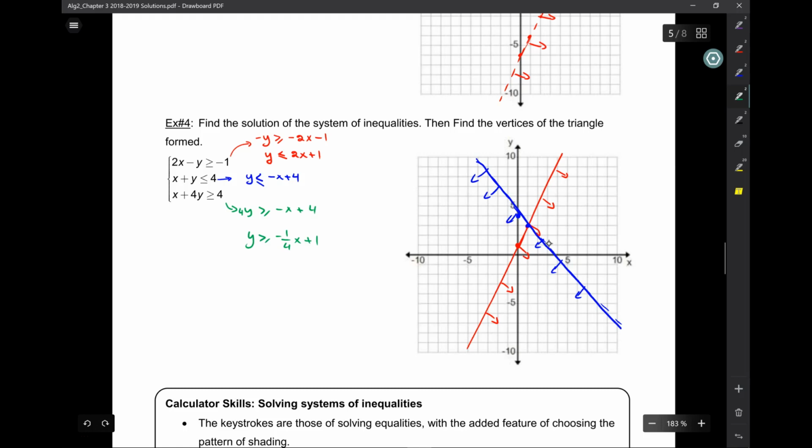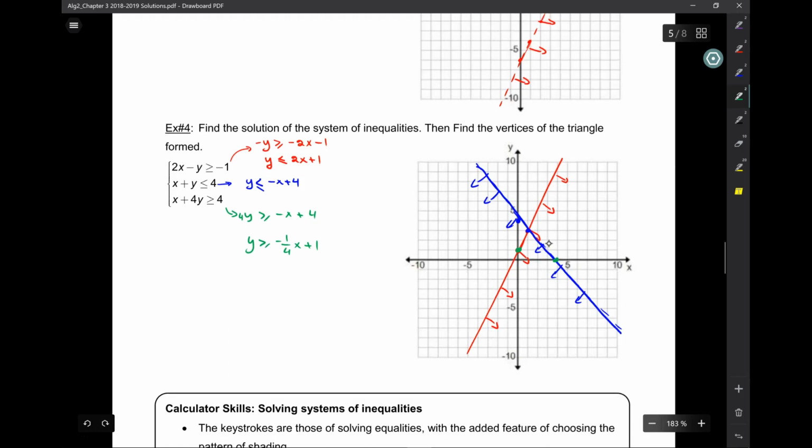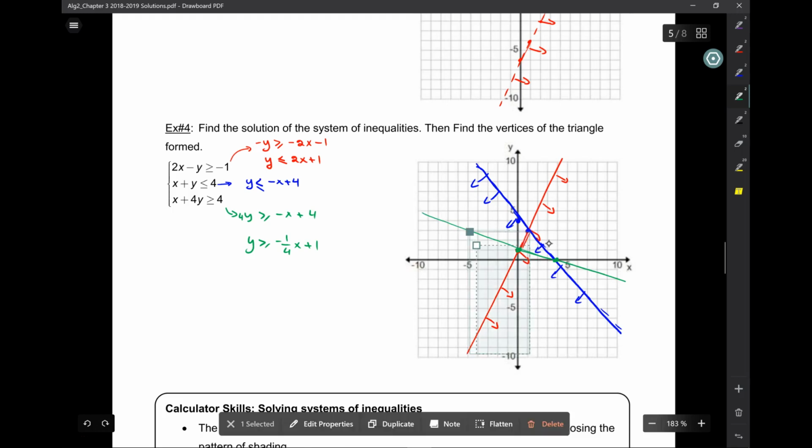So up 1, and then we're going to go down 1, 2, 3, 4. And this one's going to shade the upper part.